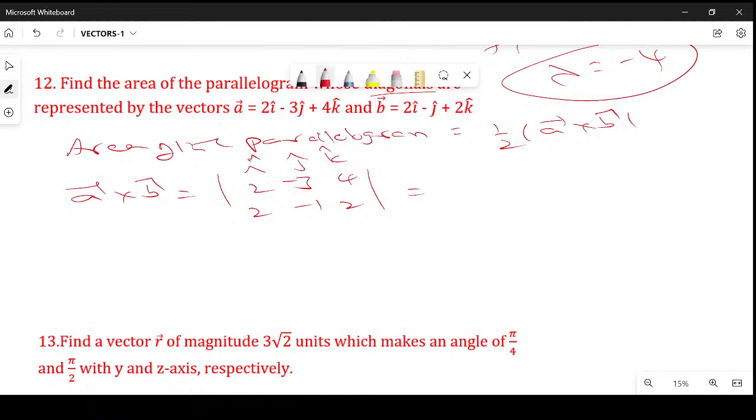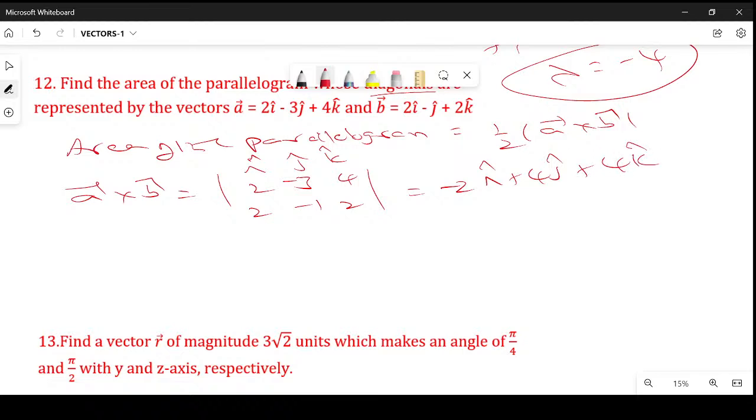I can find this: i cap into minus 6 plus 4, minus 2 i cap, minus j cap into 4 minus 8, we'll get 4 j cap, and next plus k cap into minus 2 plus 6. Minus 2 plus 6 means 4 k cap.